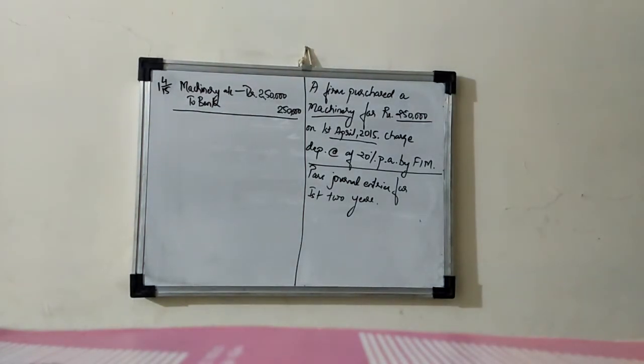Another feature of depreciation is that it is charged on the last day of the financial year. And when we charge depreciation, the entry will be depreciation account debited to machinery account.